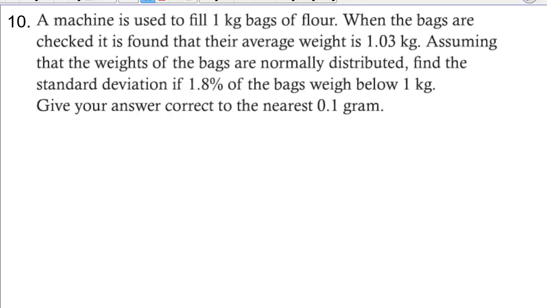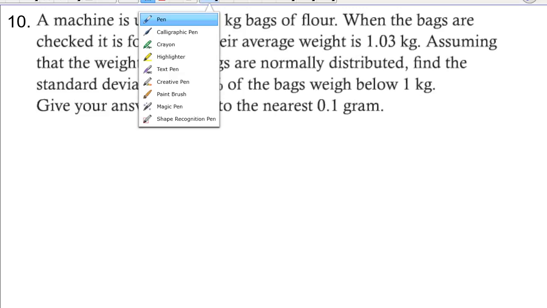Okay, move on to number 10. A machine is used to fill 1 kilogram bags of flour. When the bags are checked, it's found that their average weight is 1.03. So that's very important. Average weight.